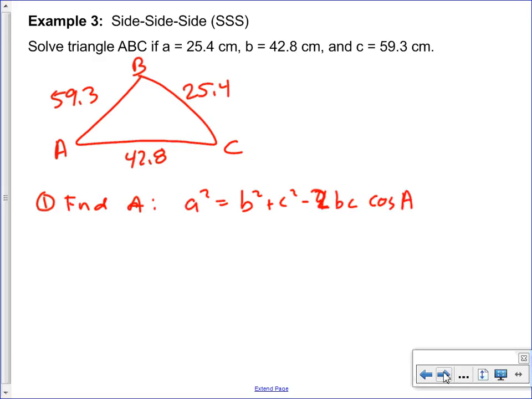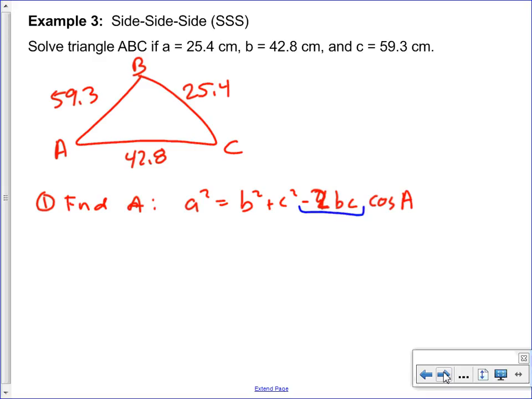Now, without plugging in the numbers, to simplify this formula, basically you can subtract the b squared and the c squared and divide by all of this.